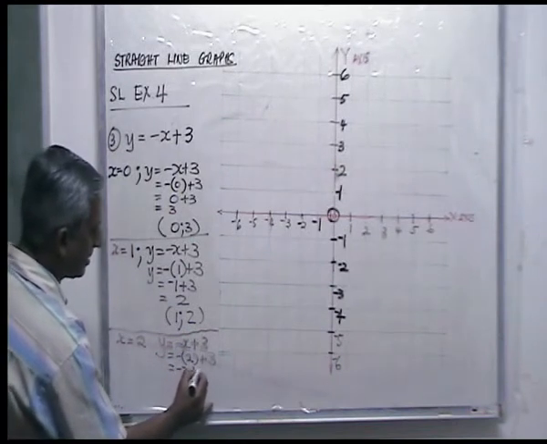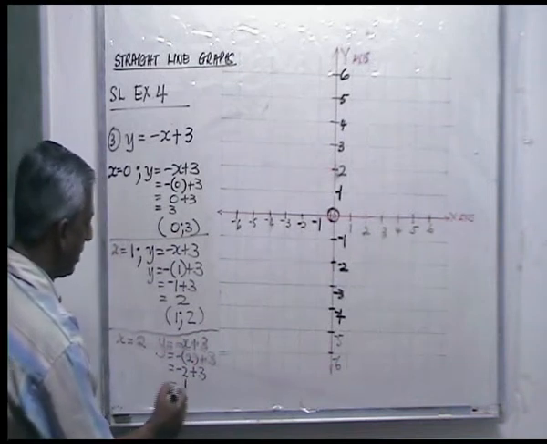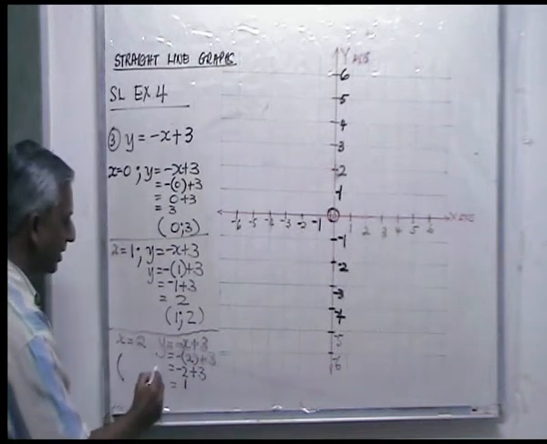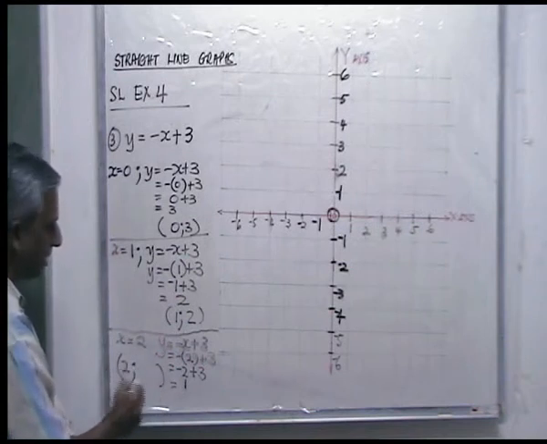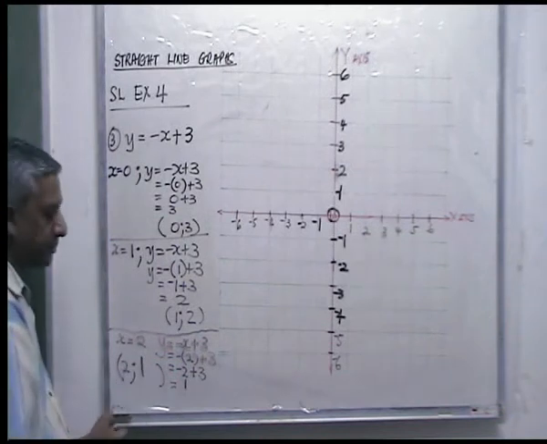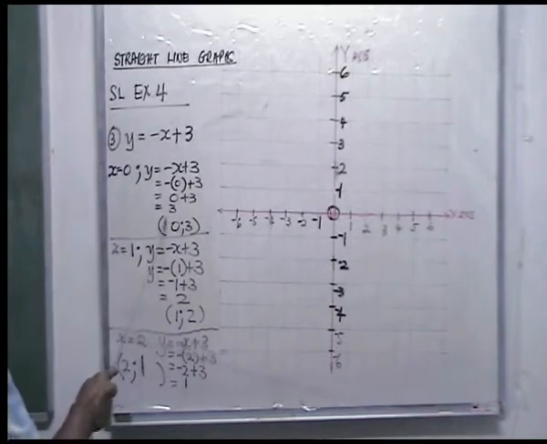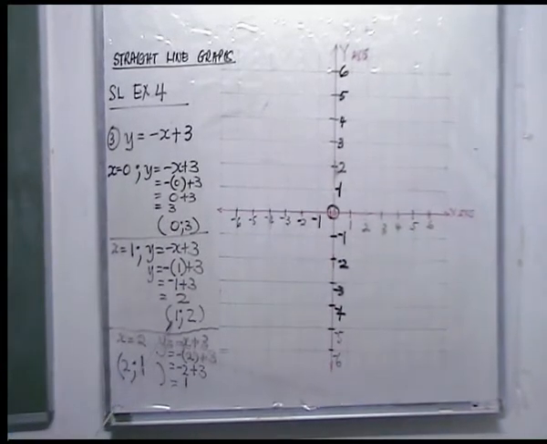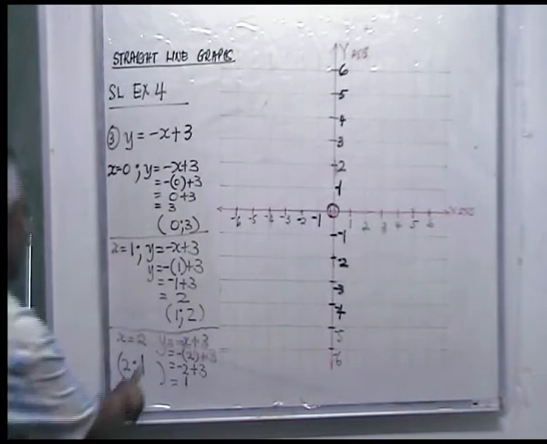That's minus 2 plus 3. Final answer is 1. So your last ordered pair is actually x is 2 and the y we worked out is 1. So let's have a look at the ordered pairs here. 0, 3, 1, 2 and 2, 1.